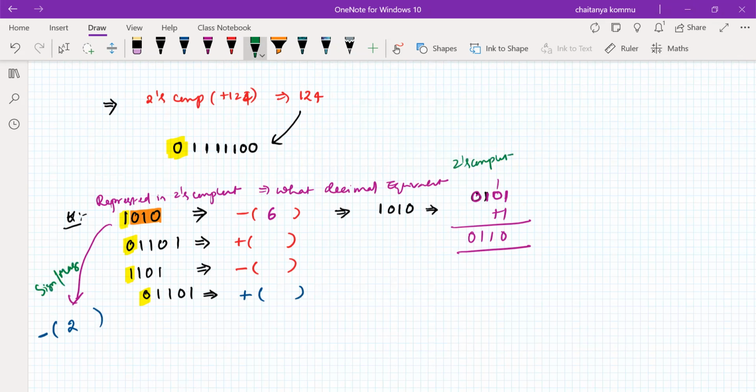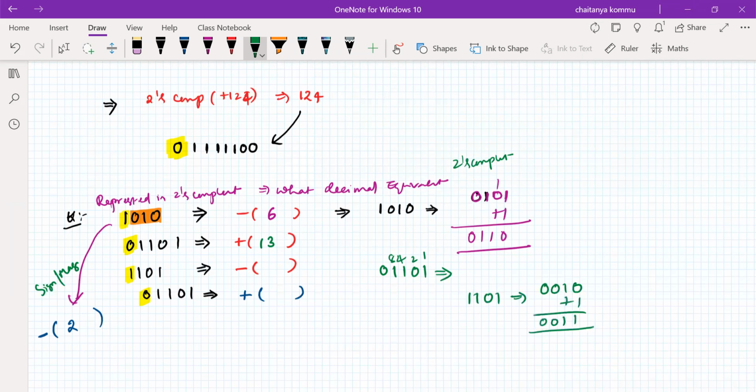Okay, now what about the next one? 01101. What is the value? Since it is a positive value only, this is 1, 2, 4, 8, 12, 13. So plus 13 is the answer. What is the next one? We have to consider 1101. The 1's complement is 0010, plus 1 we add, giving 0011.